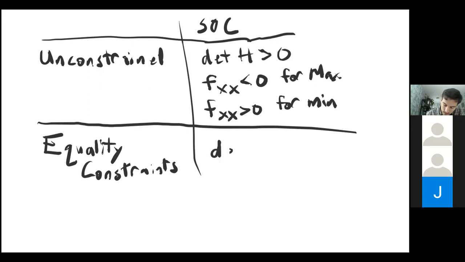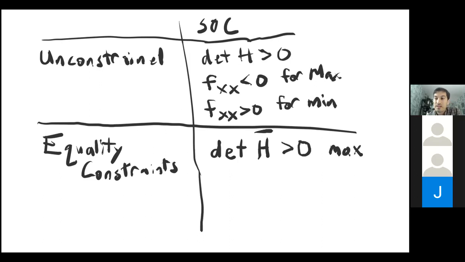You still want to look at the determinant of the bordered Hessian. If it's positive, then is it a max or a min? It's a constrained max. Very good. It's like the backwards of the one right above it. And if it's negative, it's a min.